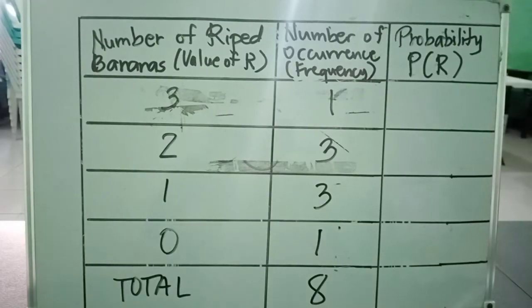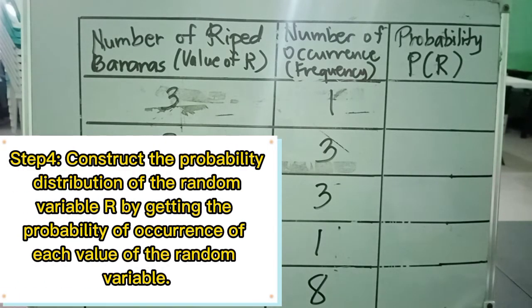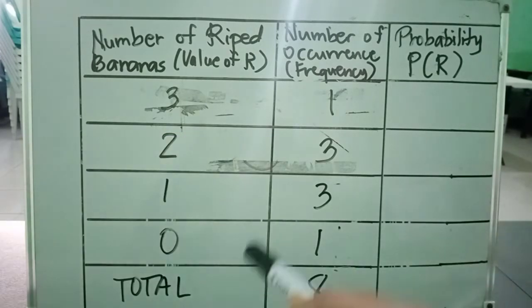Class, after we construct the frequency distribution of the values of the random variable R, let's proceed to step 4, wherein we need to construct the probability distribution of the random variable R by getting the probability of occurrence of each value. From step 3, we need to add another column for the probability.